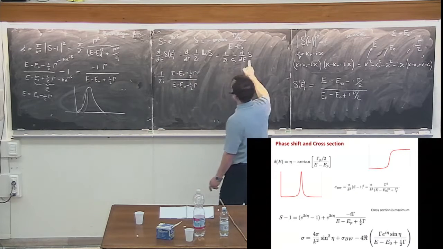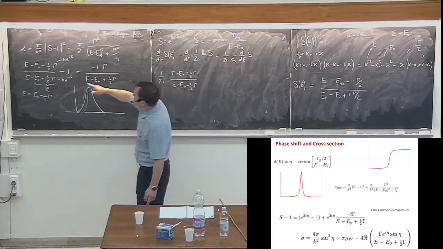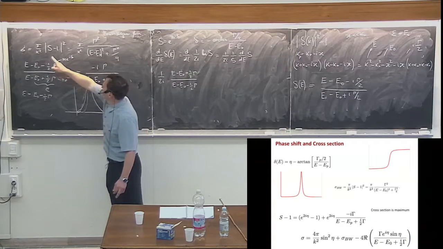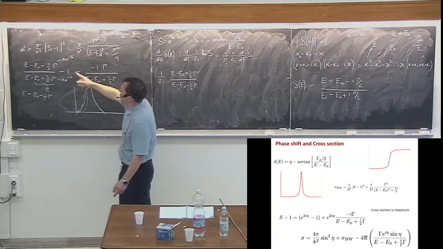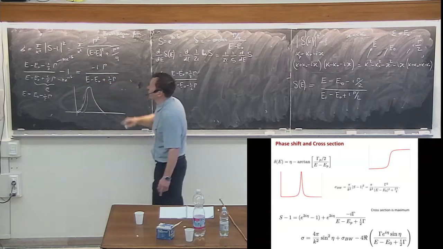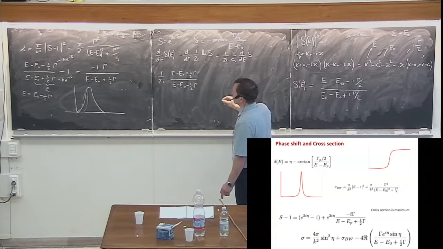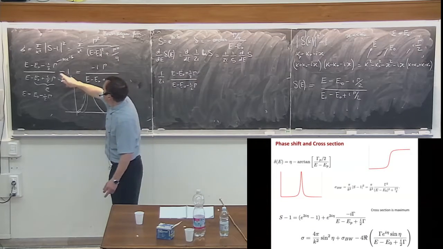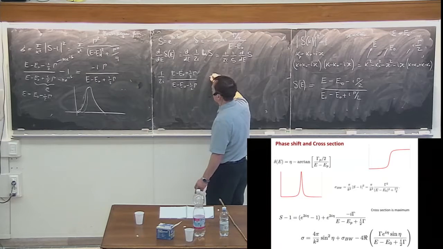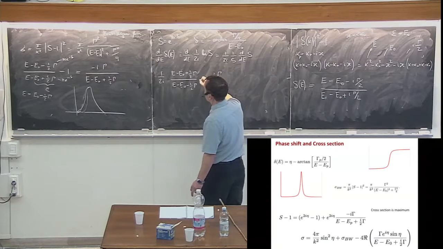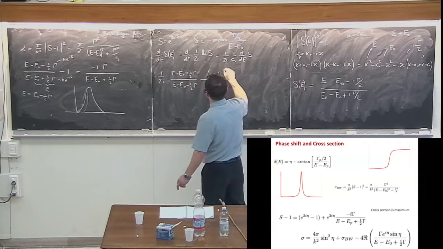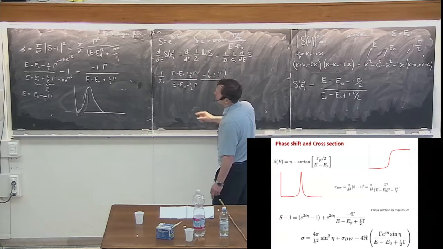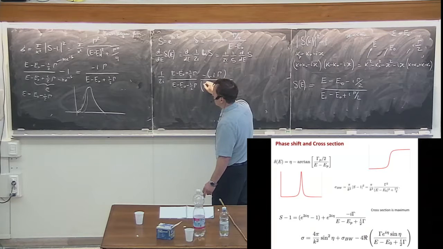And then the derivative, of course, from here you see that I obtained S minus 1 is this term. The derivative of 1 is 0, so I can just take the derivative of that expression. Let me make sure. This is S minus 1, so the derivative of that expression is minus i gamma, and then there is an extra minus sign because this is a 1 over x derivative, and then the denominator squared.